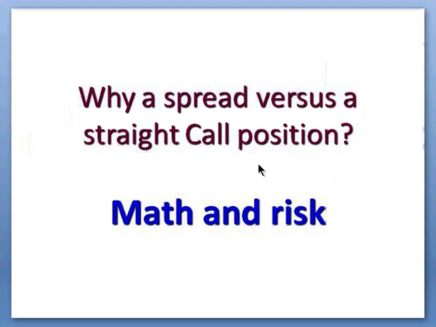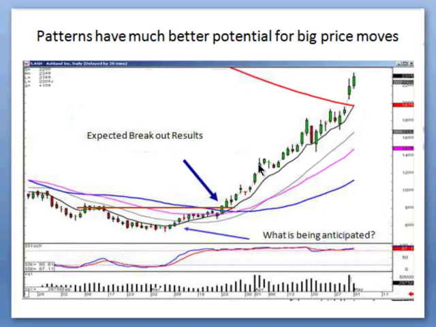So now what we need to do is figure out what are the best strategies for the different patterns. If we've got a fry pan bottom breakout, we know what to expect here. Maybe buying the calls outright.